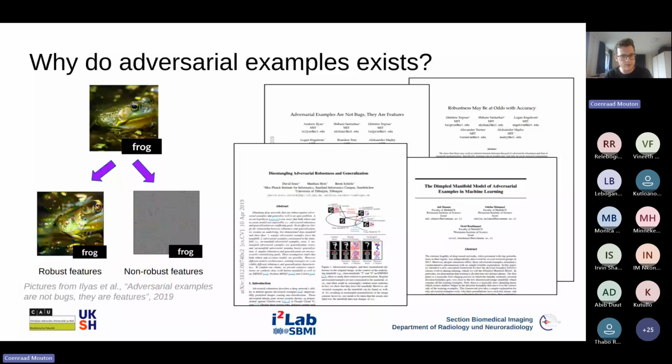The problem is, one, that they're uninterpretable to us, and two, that they are very brittle. If you slightly perturb them, add a little bit of noise, then it's easy to flip these non-robust features from, say, the frog class to the cat class or something else. So we know that neural networks are susceptible to adversarial attacks in part because they rely on these non-robust features.